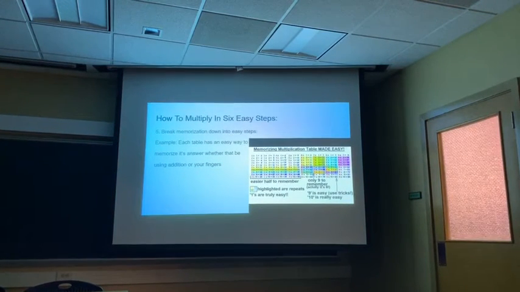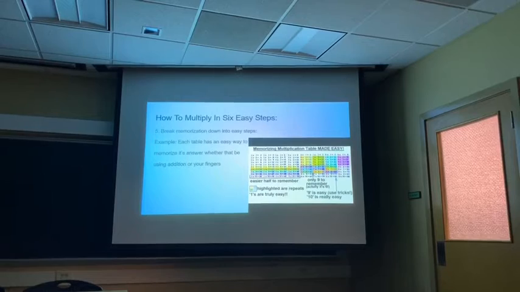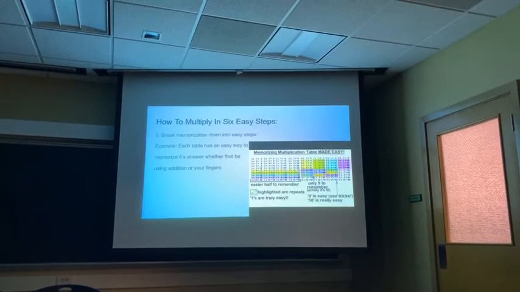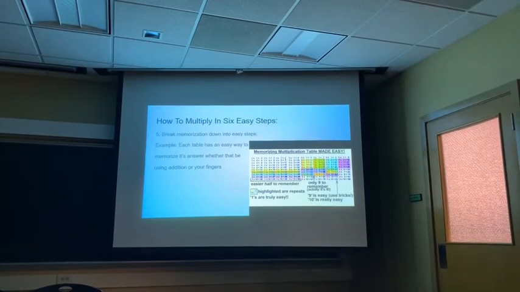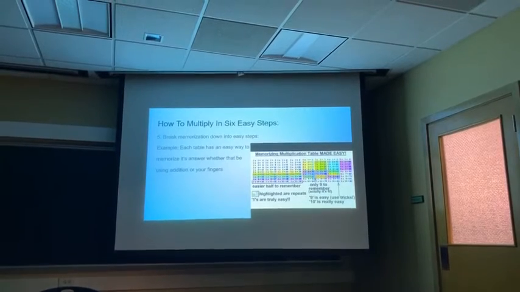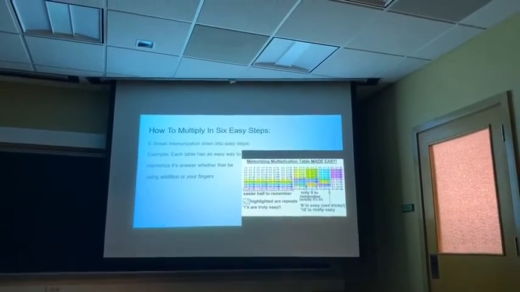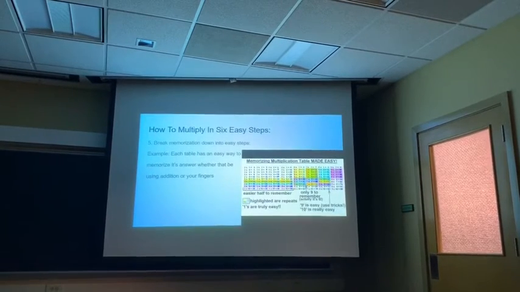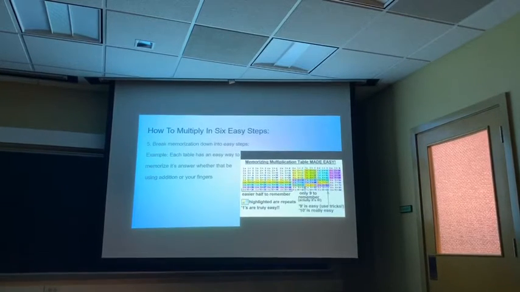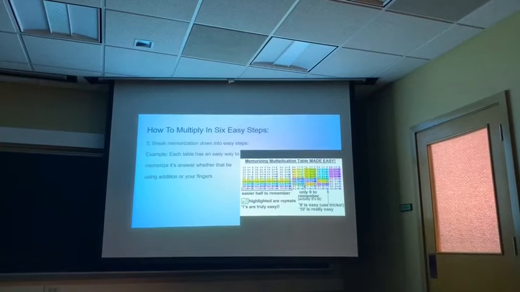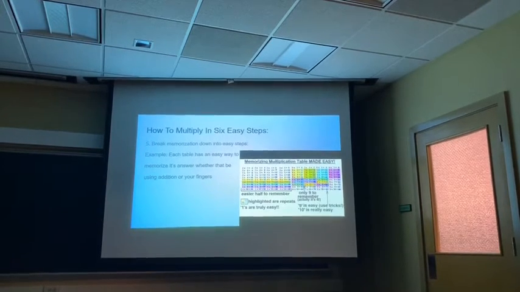In step 5, you can break your memorization down into easy steps. For example, each table has an easy way to memorize its answer, whether that be using addition or your fingers. As I said earlier, no matter the number you multiply 0 by, it's always going to be 0.